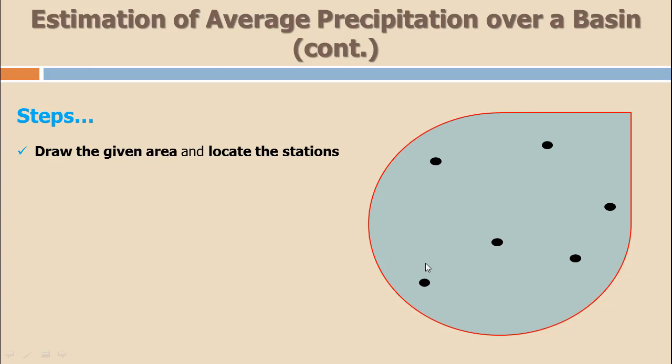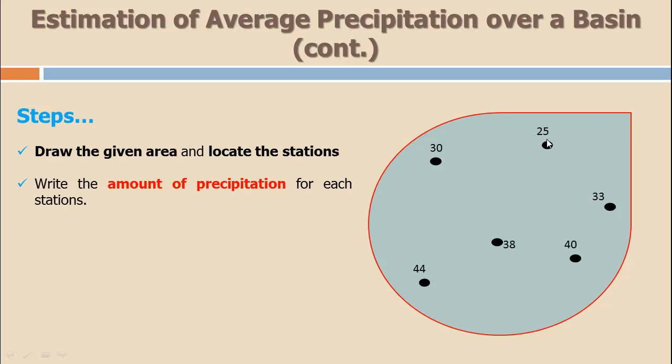The second step is to write down the amount of precipitation for each station. At this station the precipitation amount is 25 millimeter, at this 33 millimeter, at this 40 millimeter, here it is 38 millimeter, here it is 30 millimeter, and here it is 44 millimeter.